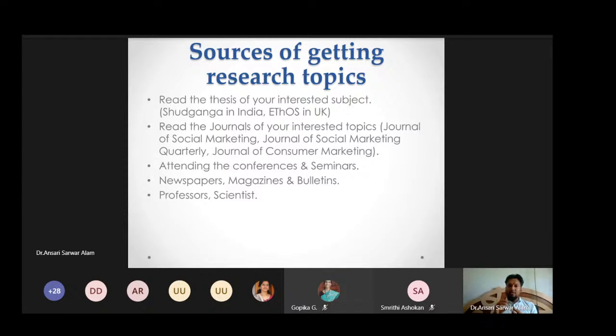I came to know about this from the ABDC journal list, which had been created by the ABDC, Australian Business Deans Council. They have shortlisted journals which have high impact, and they have ranked them as A, B, C journals.